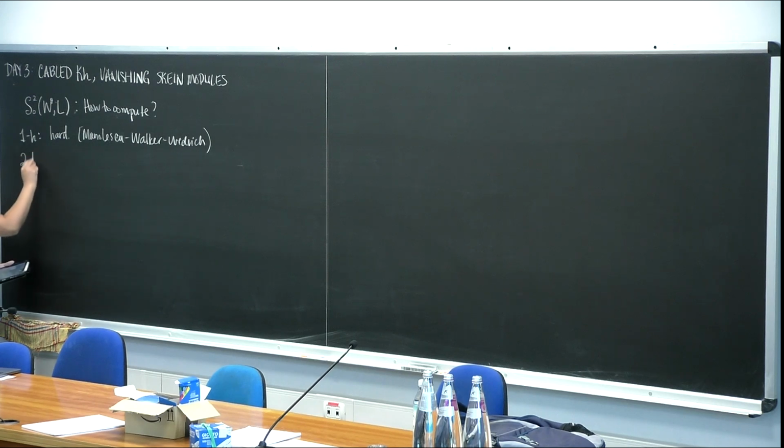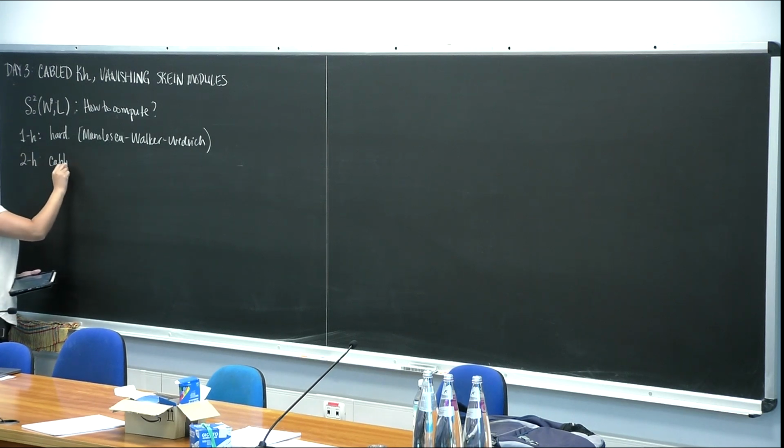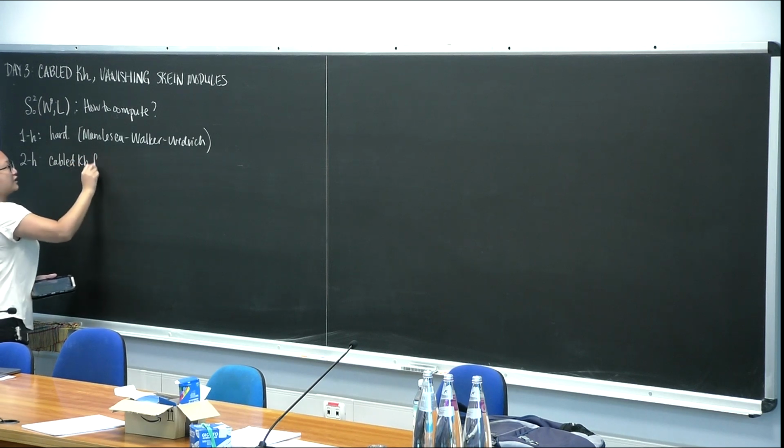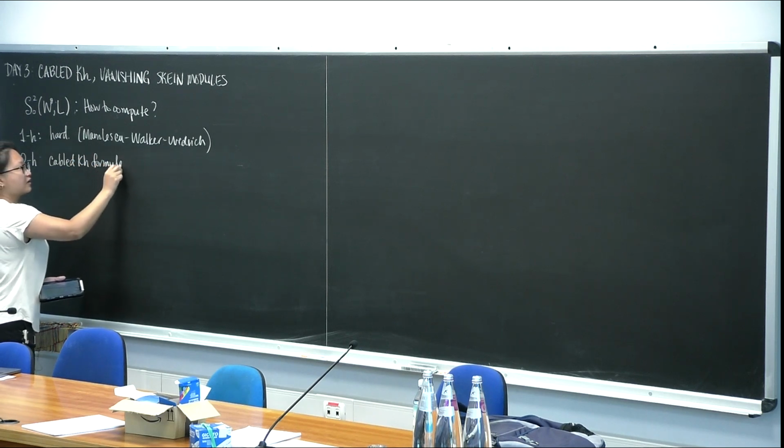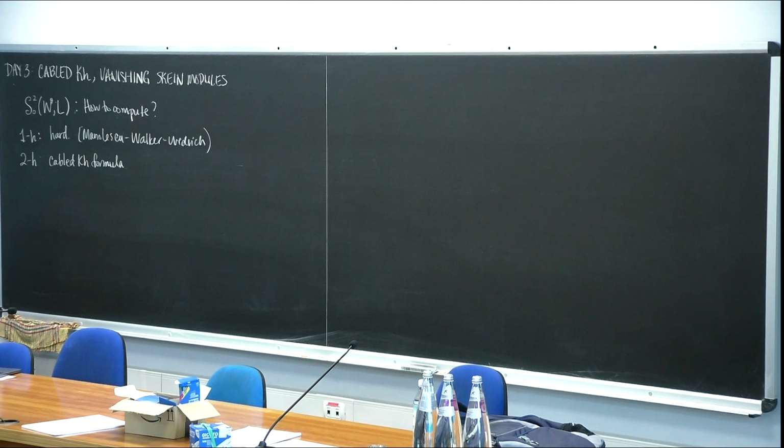2-handles, there is this cabled Khovanov homology formula. I call it a formula because if I take a diagram that consists of only 2-handles, I'm going to explain something where you take a colimit of some giant diagram. And at least this is something computable, in the sense that if you're a human, you can try to compute it.